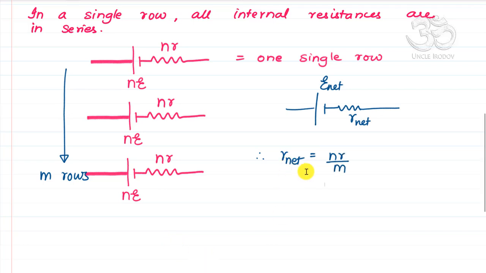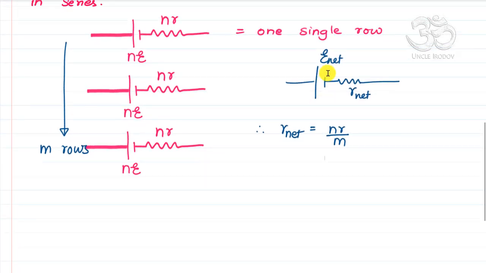Right, so this is the value of net internal resistance of that net cell that I should attach there in the circuit. And then finding out E net is actually pretty simple. I will use that formula, E net by R net. So let me use that here.